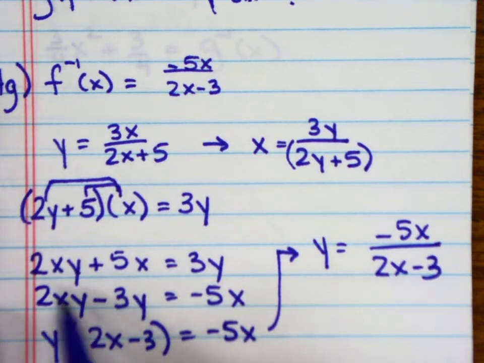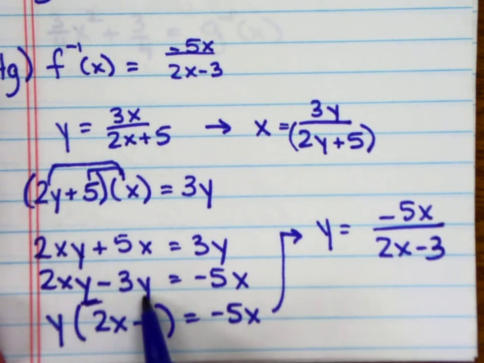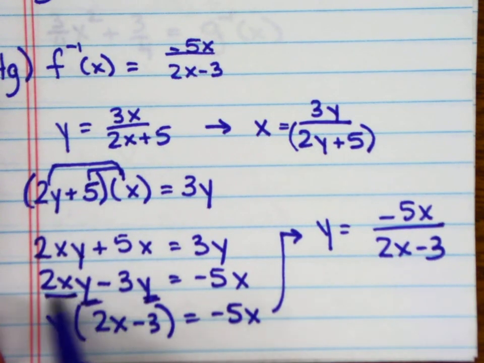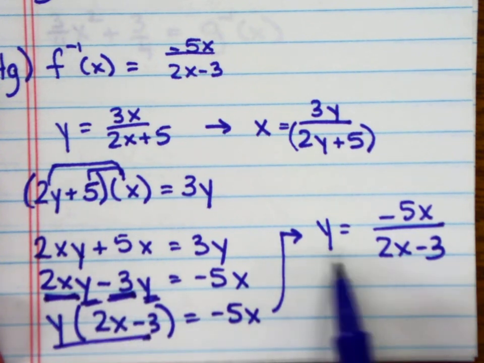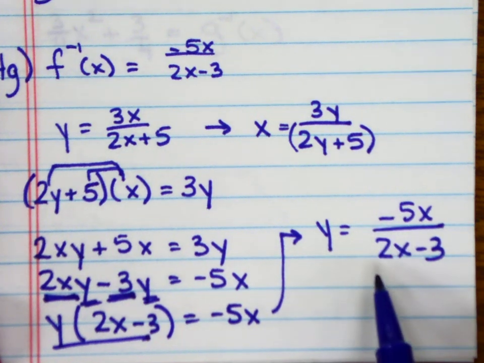Bring the 3y over, so 2xy minus 3y, and bring the 5x over, minus 5x. Factor out the y, times 2x minus 3. And then to get y by itself, divide both sides by 2x minus 3, and you get y equals negative 5x over 2x minus 3, which is the inverse of f of x.